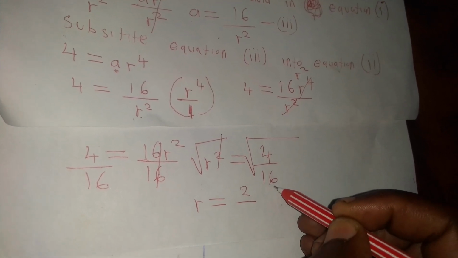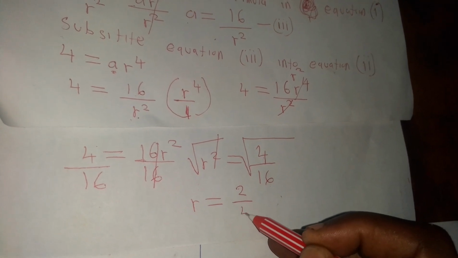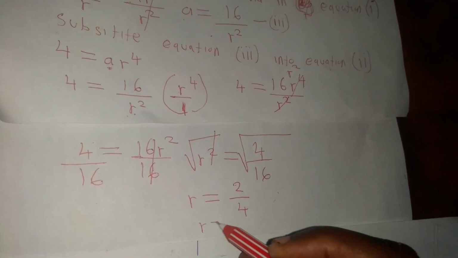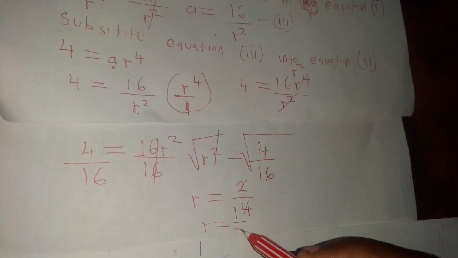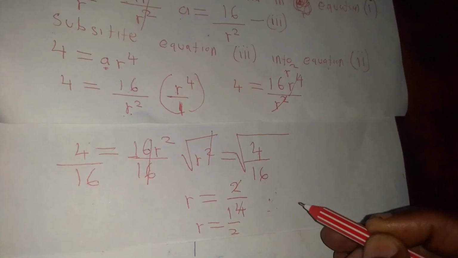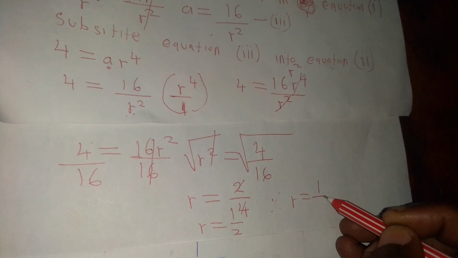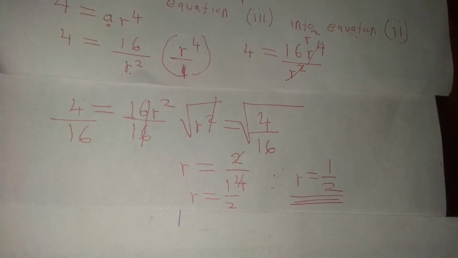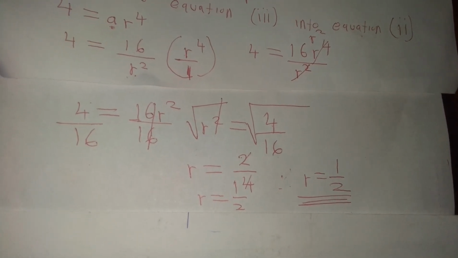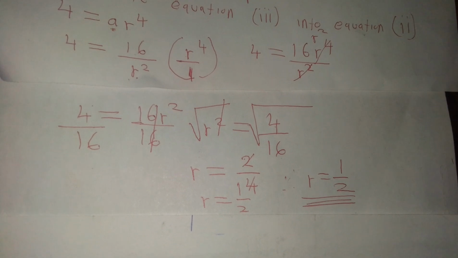Then the square root of 16 is 4. Therefore R equals 2 over 4, meaning my R is 1 over 2, which is my common ratio. So my common ratio is 1 over 2.